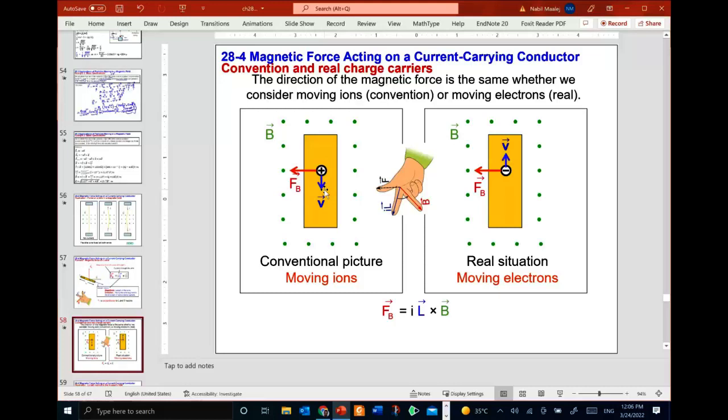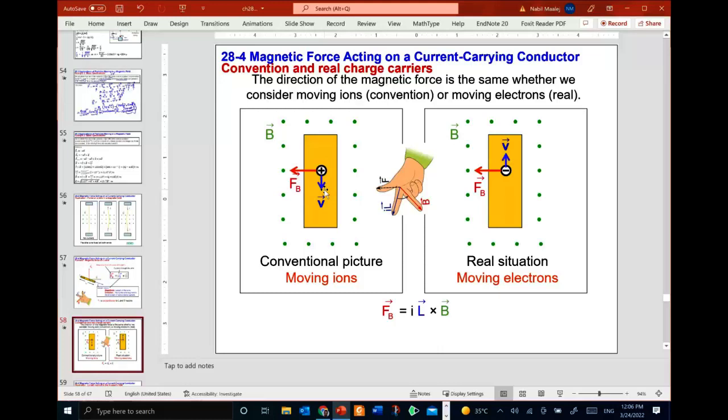Let's check if we think about the current as the opposite direction of negative charges. So here, instead of positive charges moving down, we think about it as electrons moving up, and we do the right-hand rule again. So this is V, the velocity vector is up, and the magnetic field vector is out of the page.